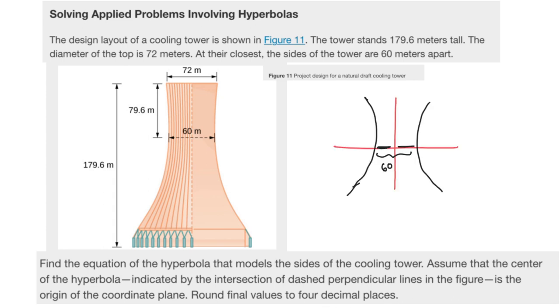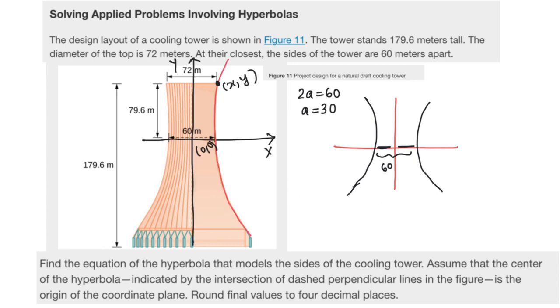Let's see how to do the problem. They are saying this is the center 0, 0. So this length is given. So the hyperbola is this shape. So if this is the center, this distance is a, this distance is a. That means 2a is given. 2a is 60. If 2a is 60, that means a equals 30.